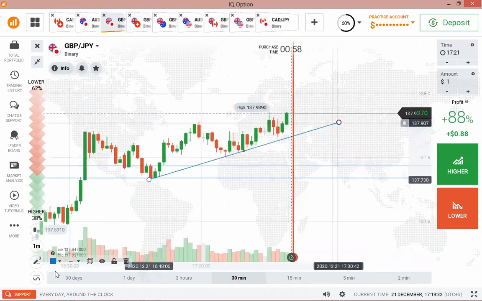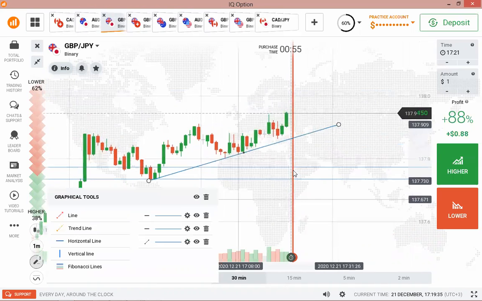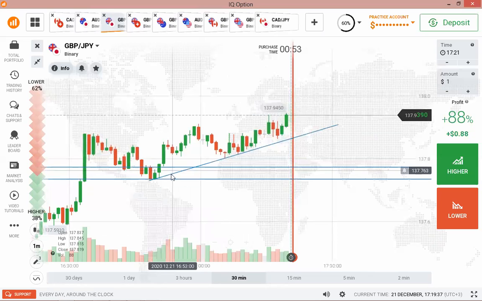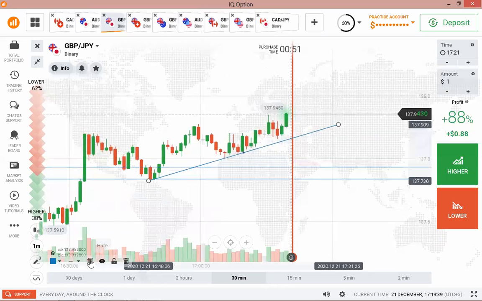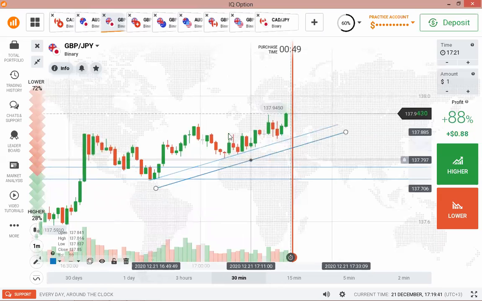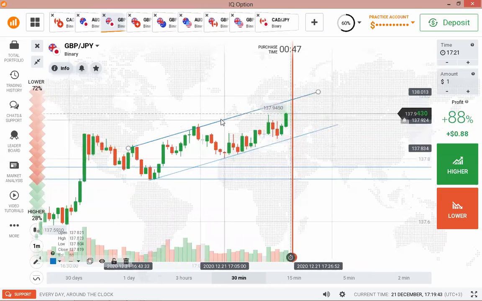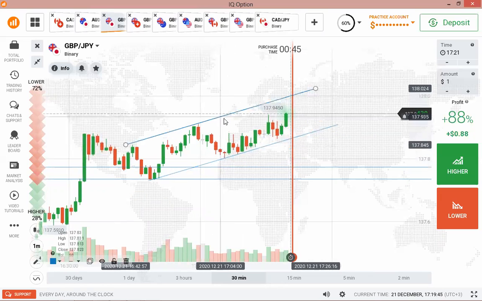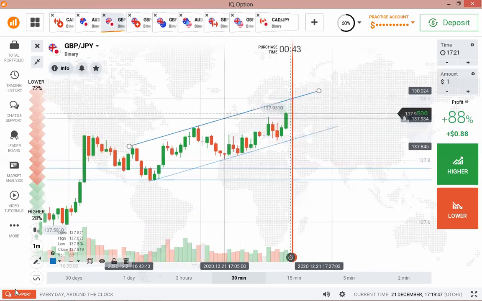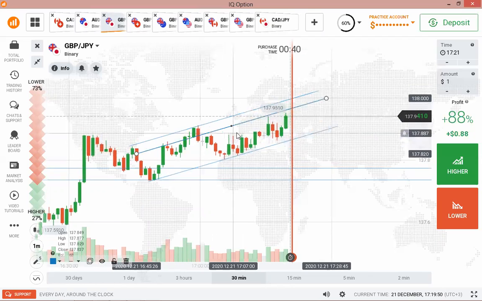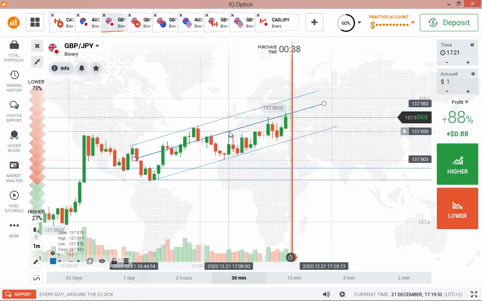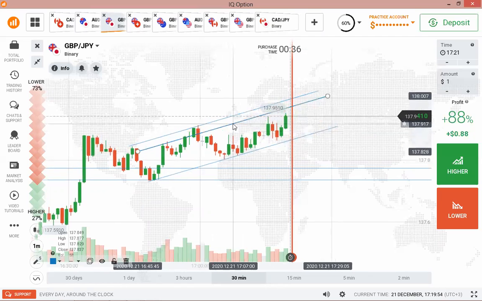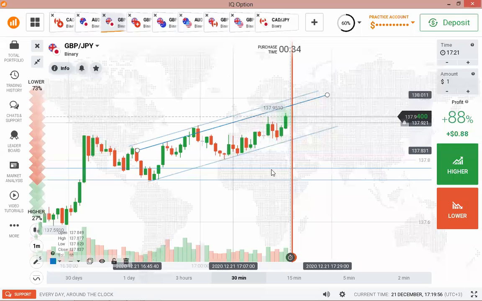Okay, so let me draw the resistance as well. You can also know that the upside is moving in the same direction. So let me plot it out and let's see.